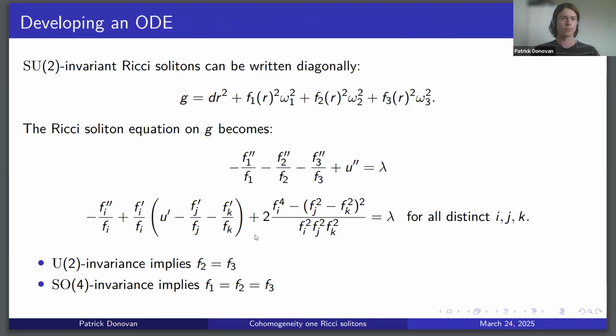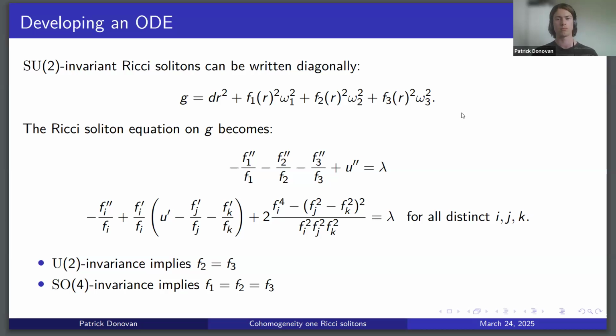Okay, I have an SU2 invariant Ricci soliton. What do these things actually look like? So when we started with the Ricci soliton equation, I had 11 functions and 4 variables in 4 dimensions. This is really hard to do. But the great thing is, when I'm SU2 invariant, I can necessarily write them diagonally. So that means the metric only has 3 functions, and then a 4th function with the soliton potential.